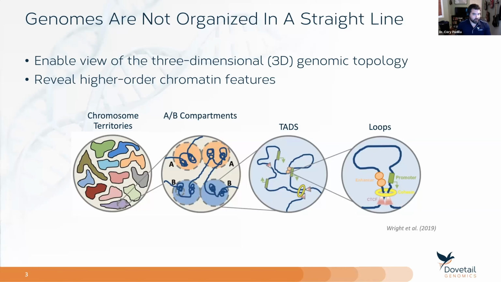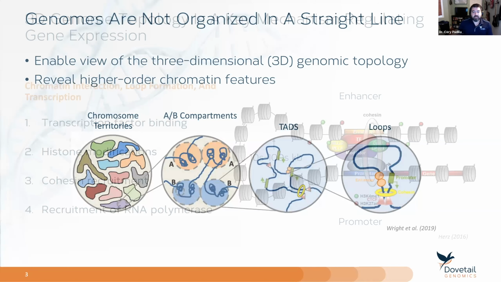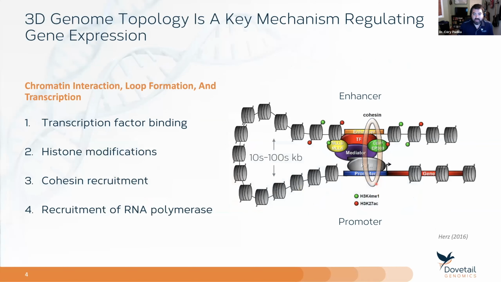And so why does that matter? That matters because the enhancers and transcription factors that often activate the gene of interest are 10 to hundreds of kilobases away, right? So your enhancer isn't necessarily interacting with your nearest neighbor in linear space. It's acting with its nearest neighbor in 3-dimensional space.